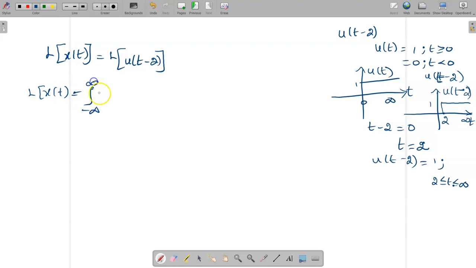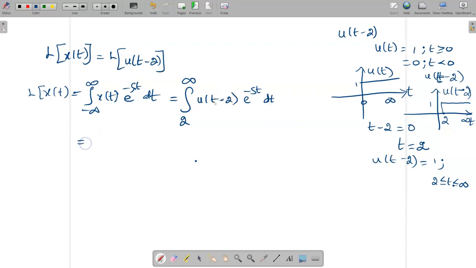Minus infinity to infinity x of t e power minus st dt. So we can write this as 2 to infinity. What is x of t value? X of t is nothing but u of t minus 2 e power minus st dt.